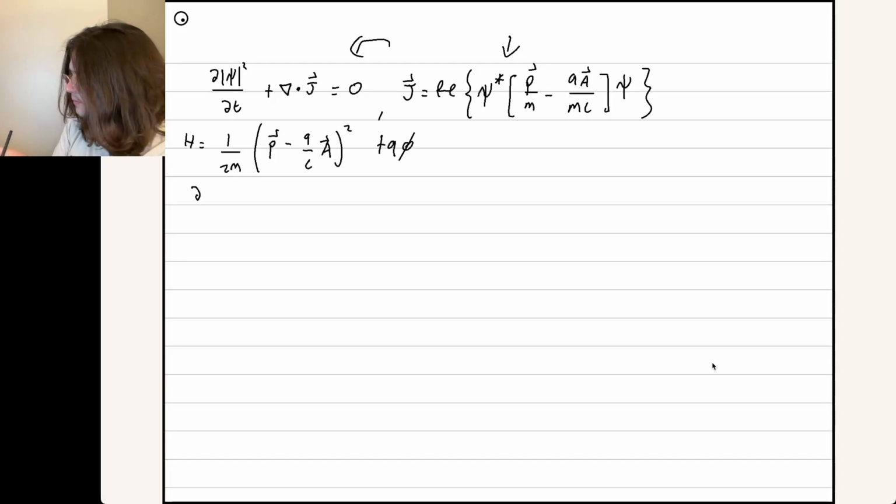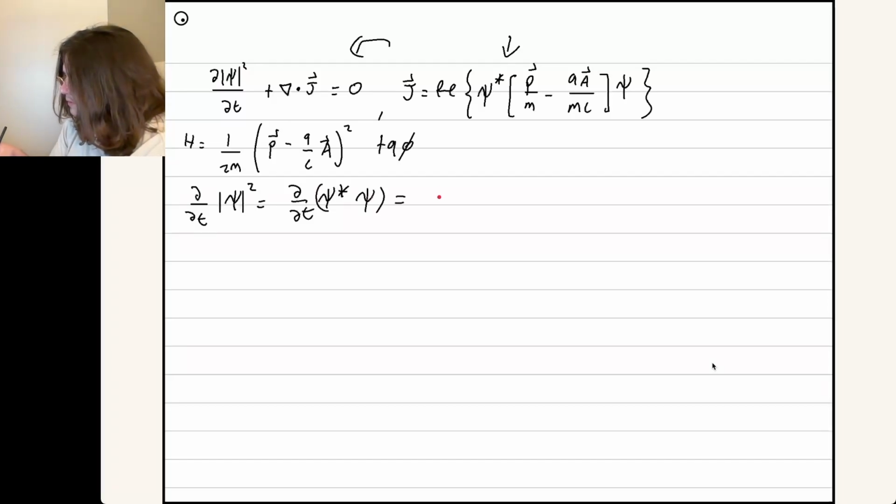Starting with the left-hand term, we're doing the time derivative of the square modulus of the wave function, which is the time derivative of psi star psi, which is psi star del psi del t plus psi del psi star del t.